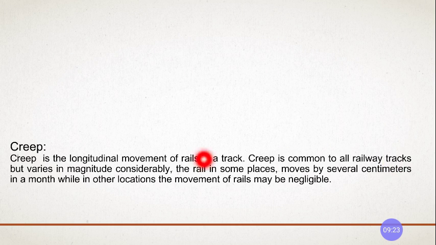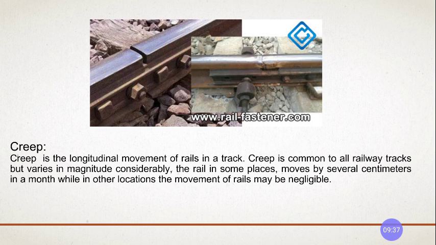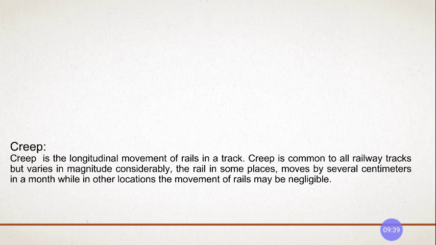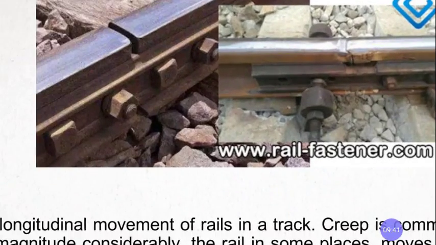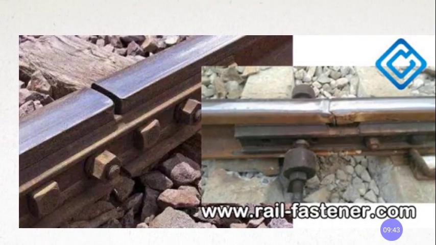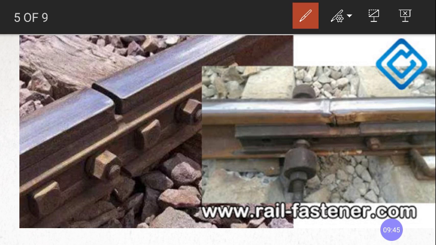Creep is common in all rail tracks, but the movement that we see varies from place to place, right? Can you see this image? Previously it had a gap here and we had provided a fishplate.